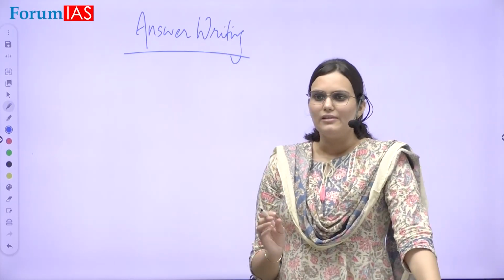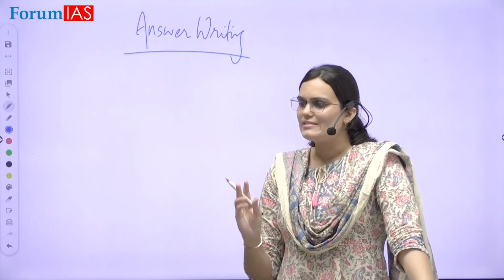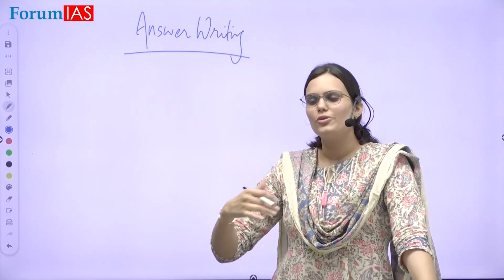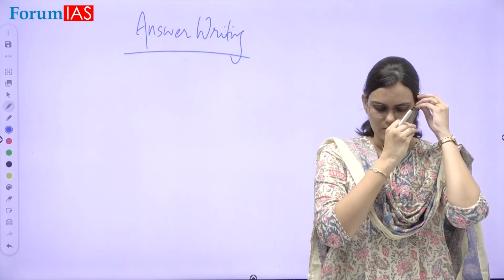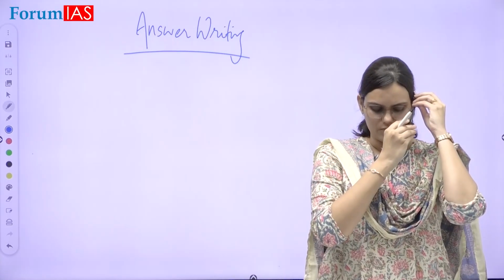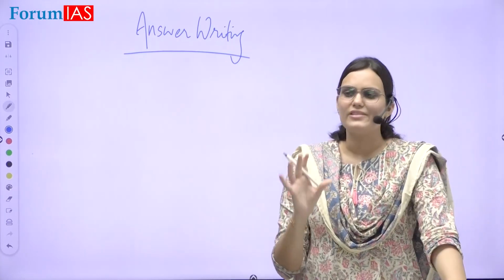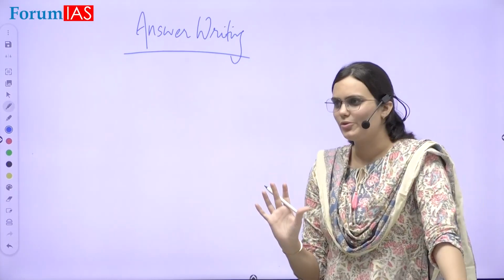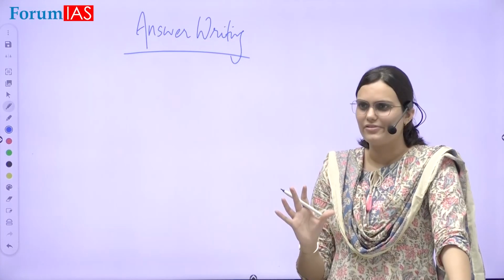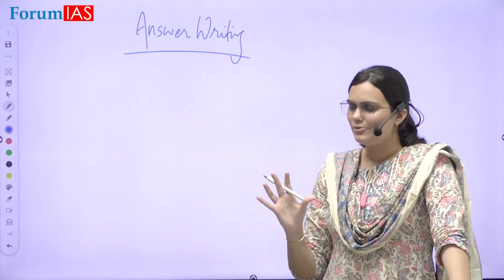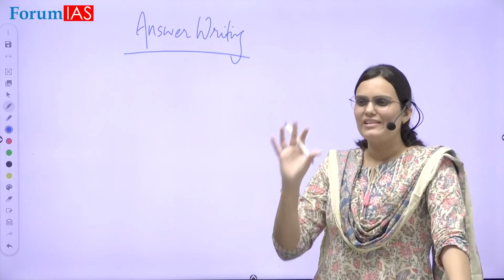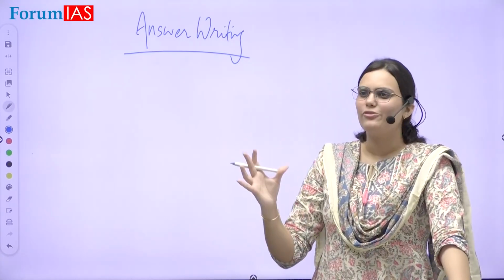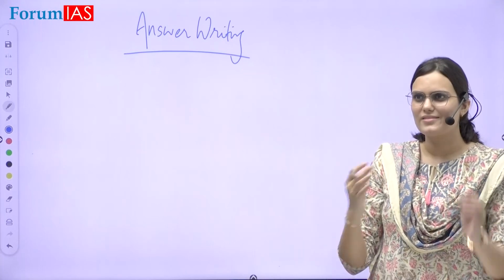Two things are most important: first, that you have a framework for how you are going to present your answer, and secondly, what kind of examples, references, articles, and case studies you're quoting. That is all what makes a difference. Have you all seen toppers' answer sheets? So you must have an idea already of what kind of patterns are scoring more marks.